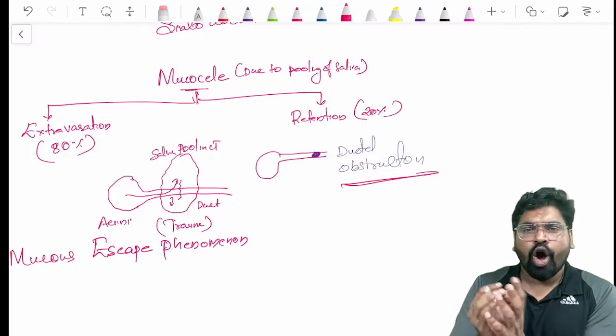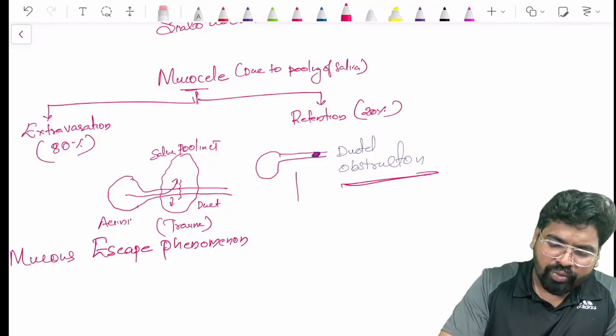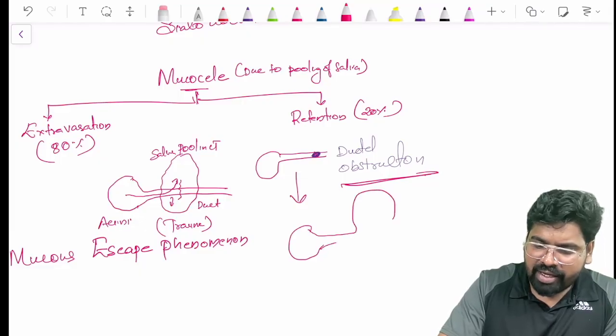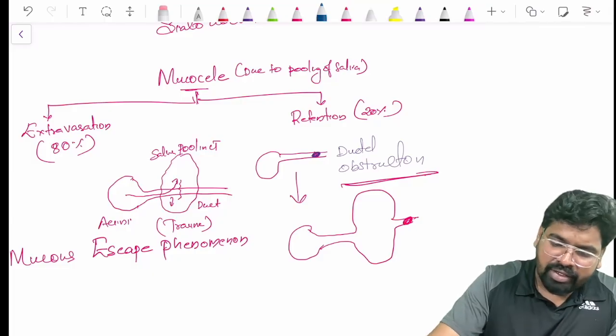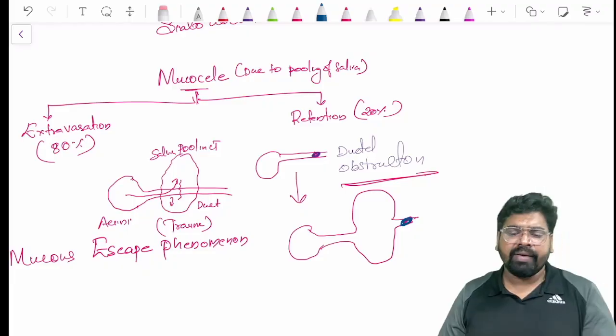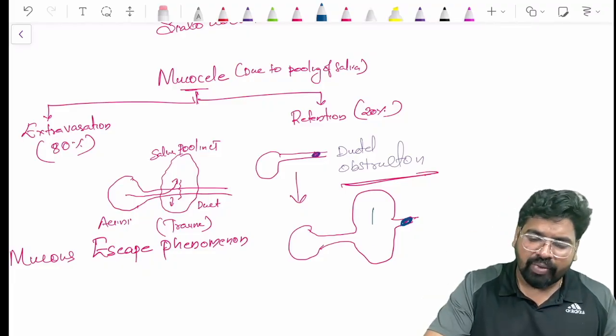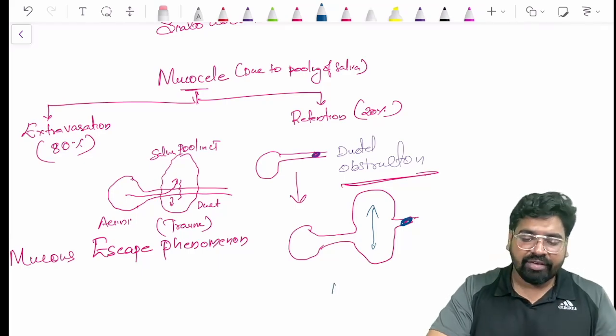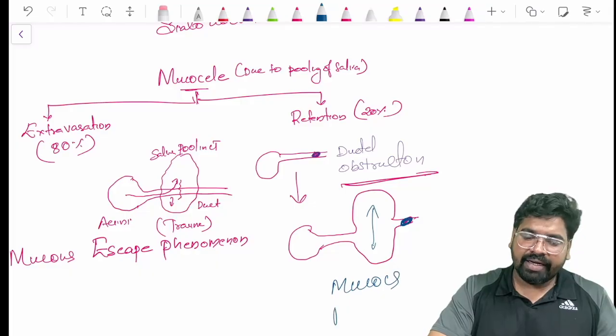The duct is blocked, and the saliva which is coming out from here will bulge. It will make a bulge there because of this obstruction. The duct is obstructed by this stone, and it will make a swelling over there. That is called a mucus retention phenomenon.